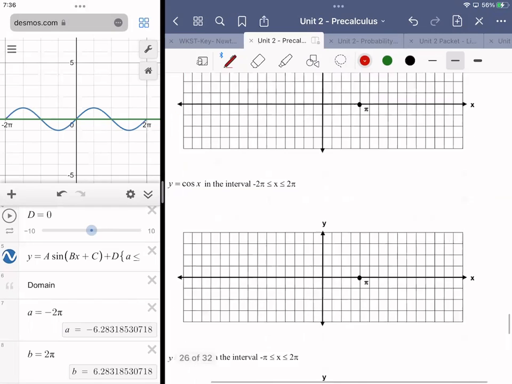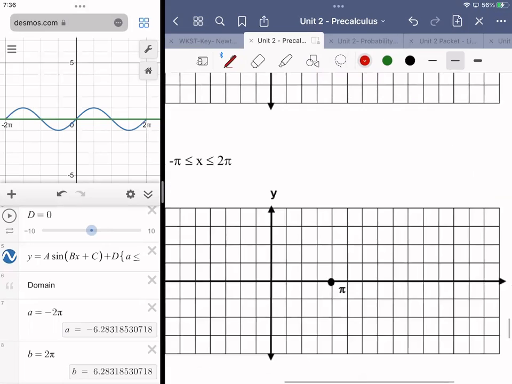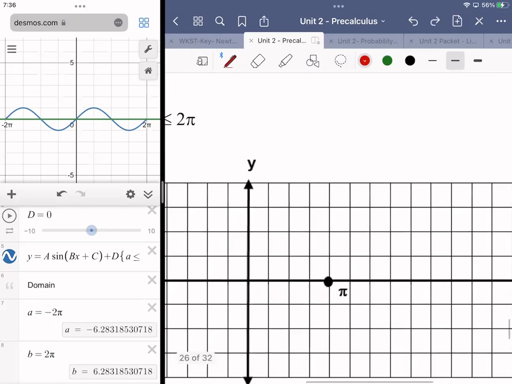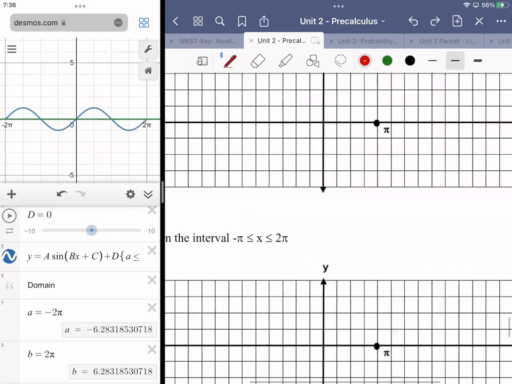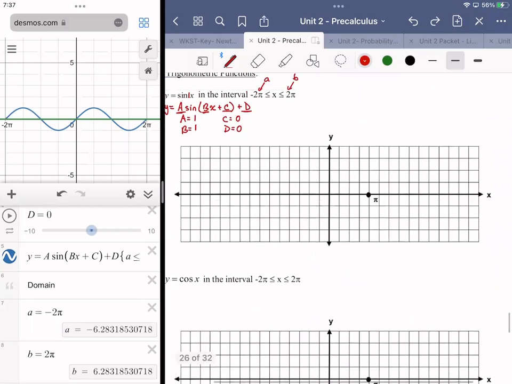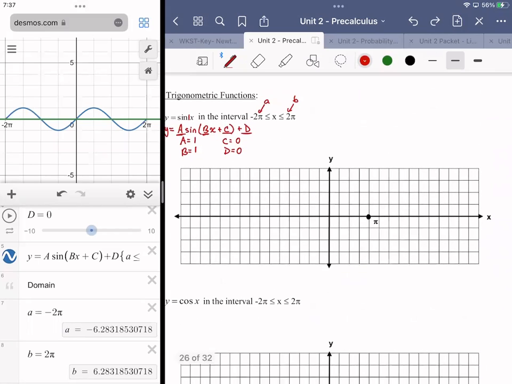You'll see in all these different graphs that pi has been given to be 4 units to the right of the y-axis. All right, so this is giving us an x scale. The x scale is, or I could say equals, well, I'll use a colon. Pi is 4 units.